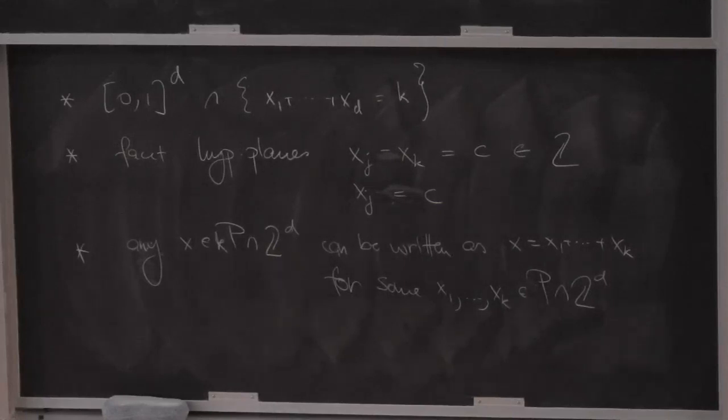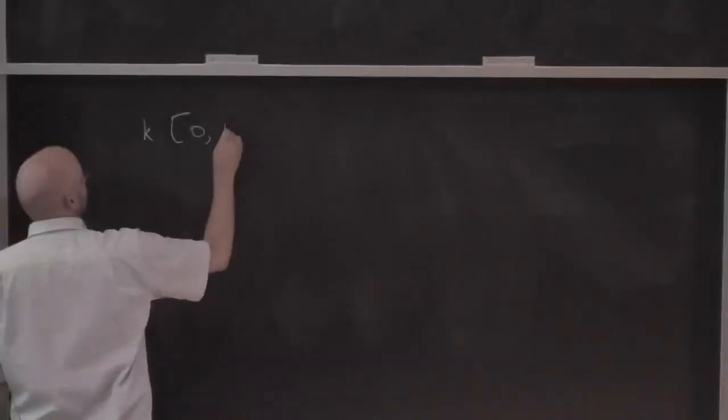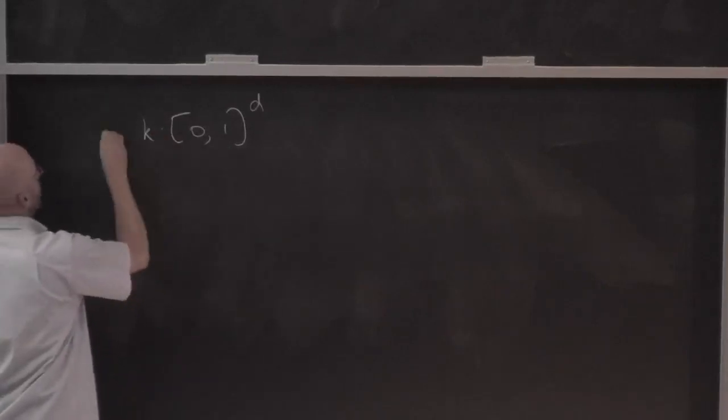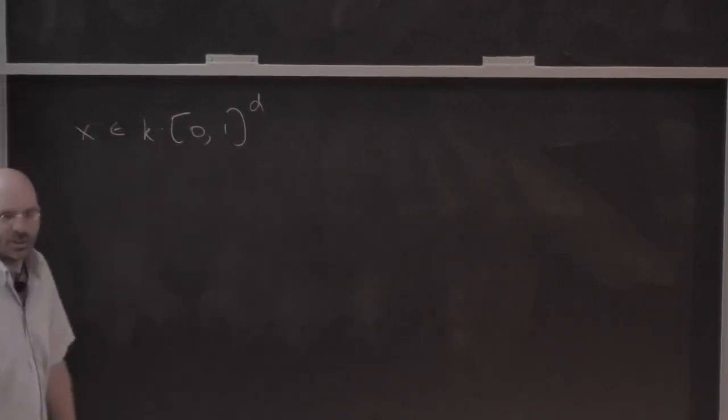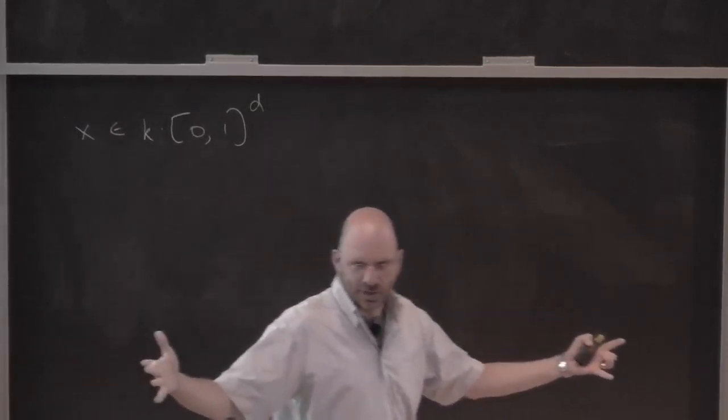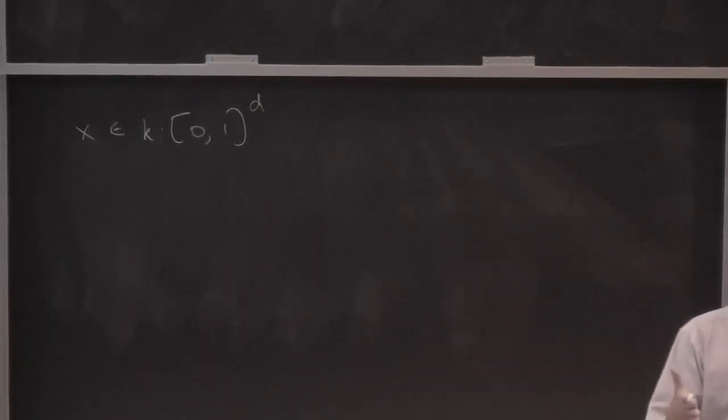Actually, it is trivial, I think. If you give me a point in here, what does that mean? Every coordinate is somewhere between 0 and k. And now we can cook this up as a sum of lattice points in the original polytope. You can do this greedily, by saying, okay, I can use the all ones vector, and then I introduce some zeros.